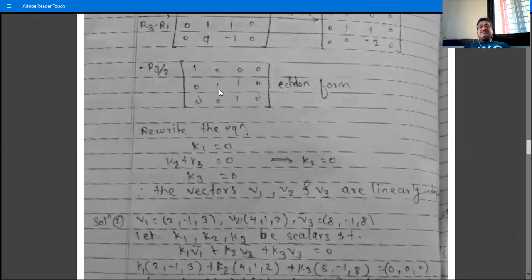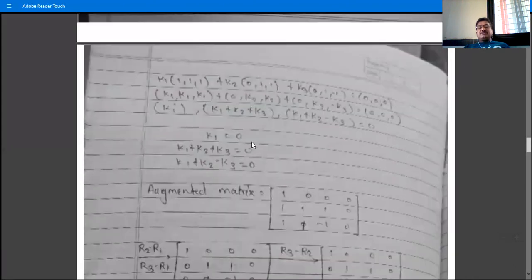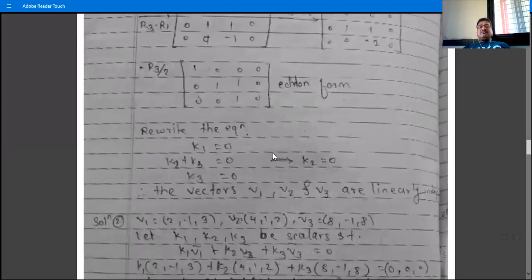This system is a homogeneous system, and a homogeneous system is always consistent. So there is no case of inconsistency.